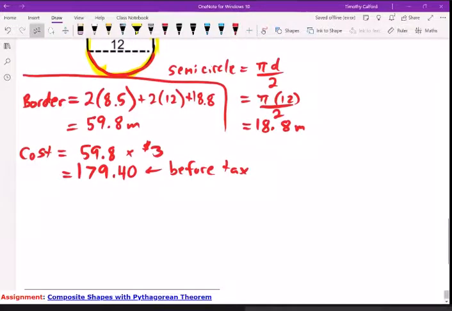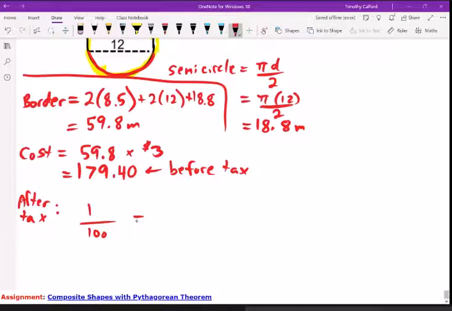So if we wanted to know the after tax, a few ways we can do that. We could use a proportion method where we sort of said after tax, so 100% goes, that's our original amount. So the original amounts go on the bottom. And then after tax, it would be 113%. So that's what we want to figure out. And we could cross multiply.